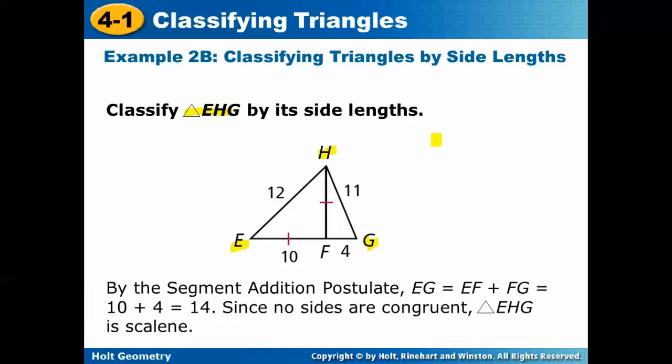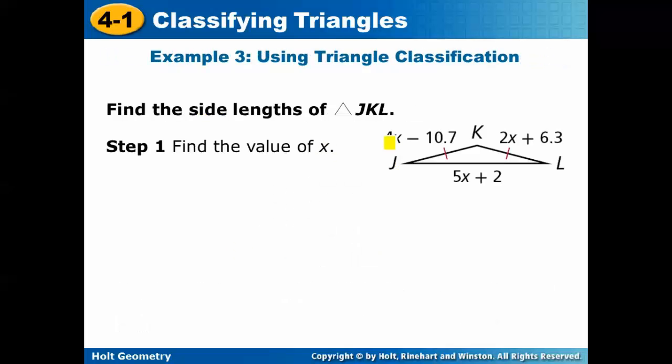By the segment addition postulate, we know that EG equals EF plus FG, so the 10 plus 4. So we get that as 14. Since none of the sides are congruent, we can say that this is a scalene triangle. And again, we're looking at it algebraically.